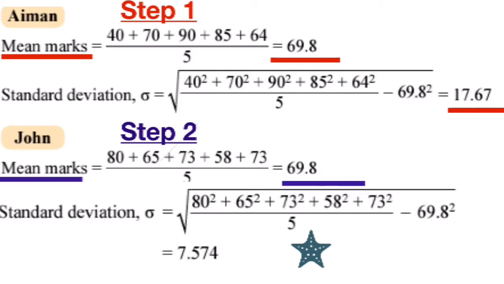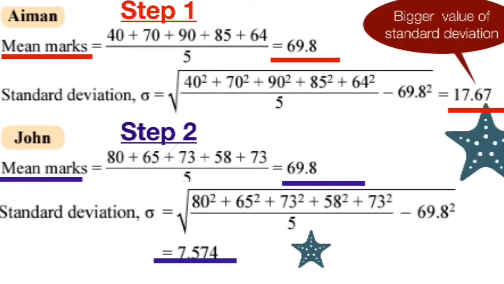So the standard deviation for John is smaller, just 7.574. The smaller value of standard deviation shows that the marks are more consistent.